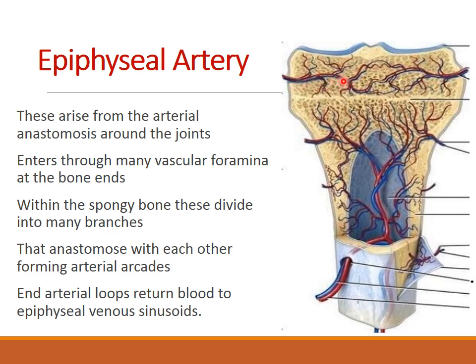So many of the branches from these arterial arcades end into end arteries, which directly transmit the blood towards the venous circulation. So they make end arterial loops. And some of the branches then anastomose with the branches of the metaphyseal artery.